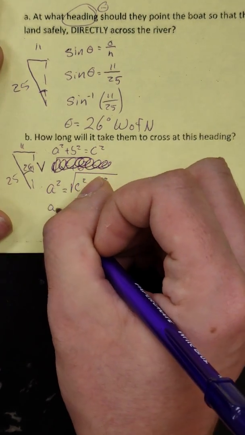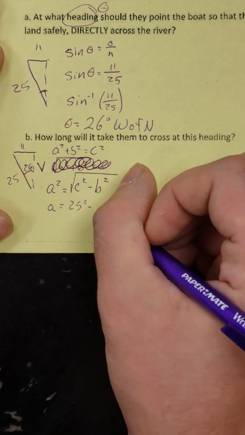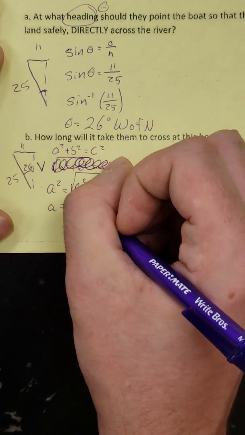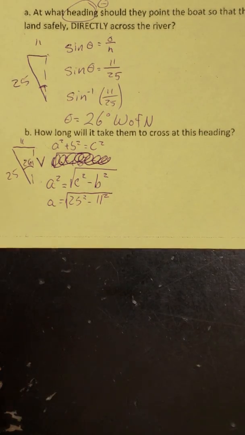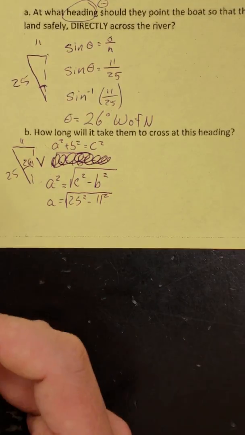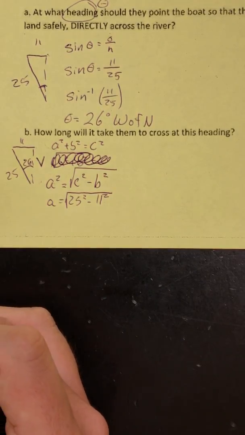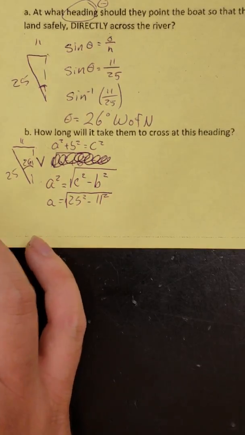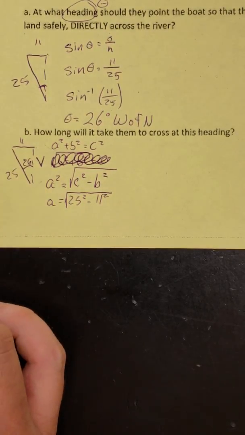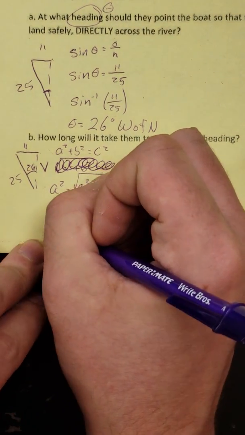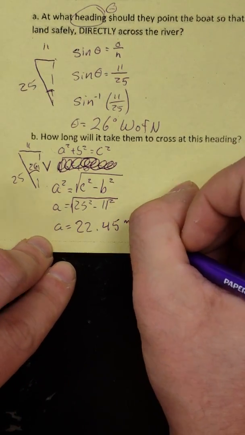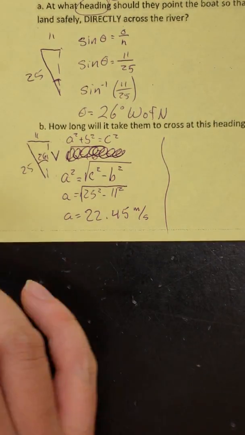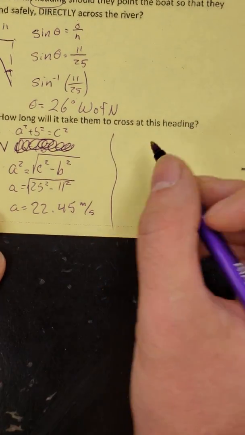So when we look at it, a is going to equal 25 squared minus 11 squared, then you'll take the square root of the whole thing. Oops, I added it instead of subtracted. We get 22.45 meters per second.